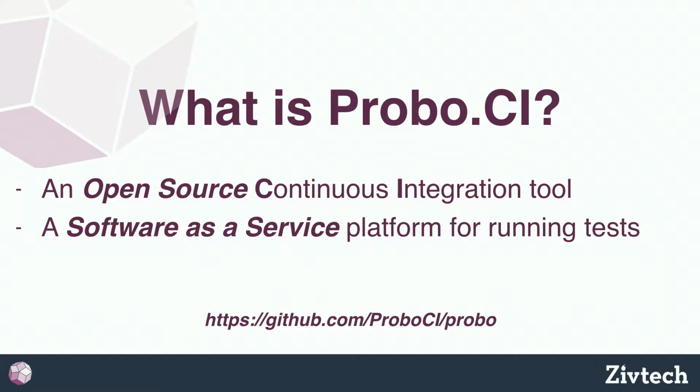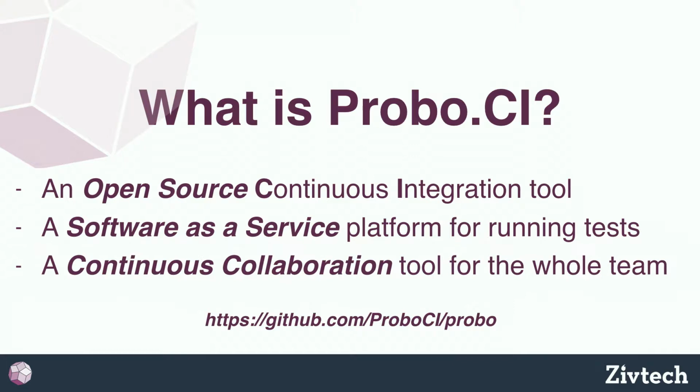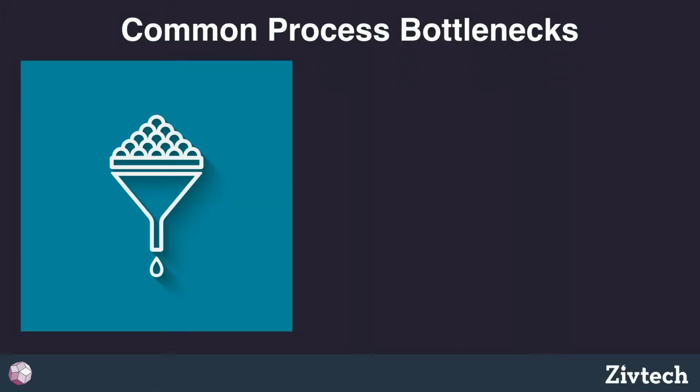It's also a software as a service platform for running tests. Most importantly, it's a continuous collaboration tool for your whole team that allows your team to develop, test, and deploy code faster without hitting common process bottlenecks.